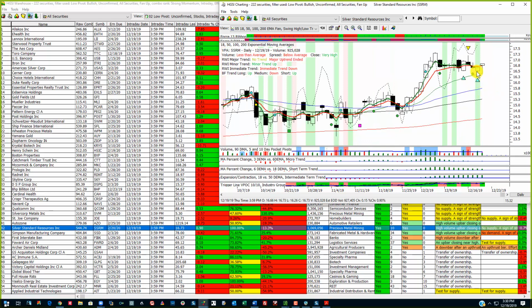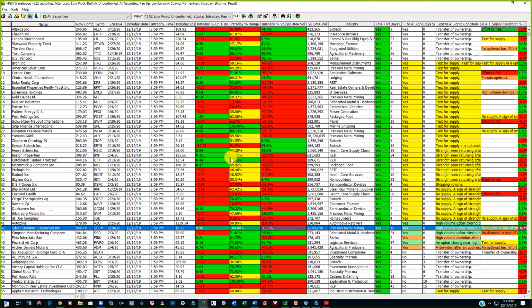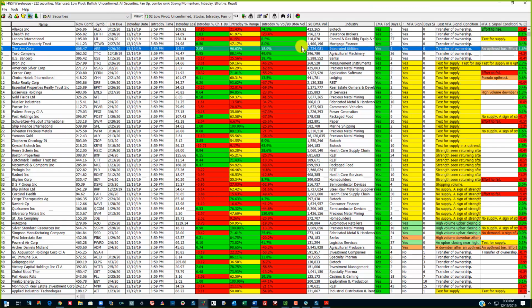So here's your pivot. And it really didn't follow through, but it would have been a buy today if you use the prior day's high as a buy. The group has been going up. Not crazy about that chart.